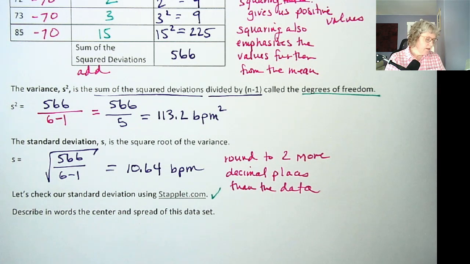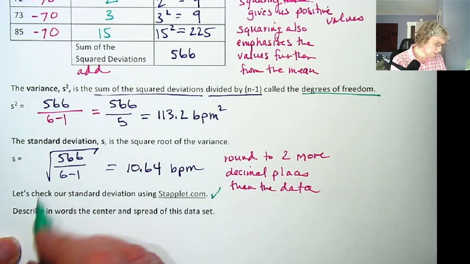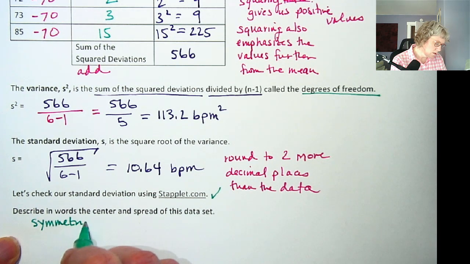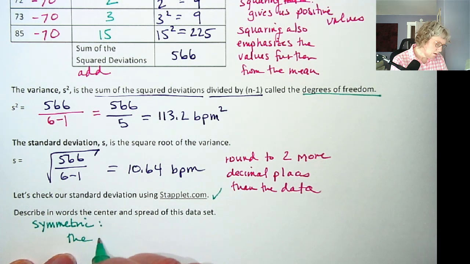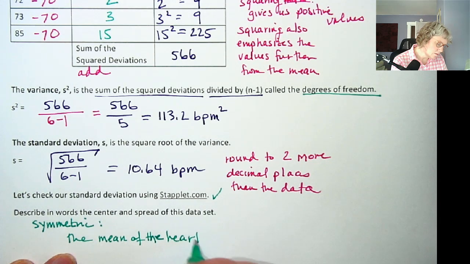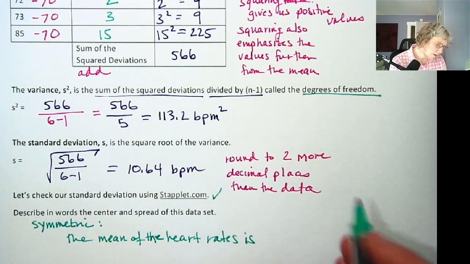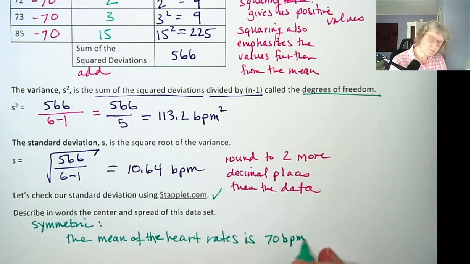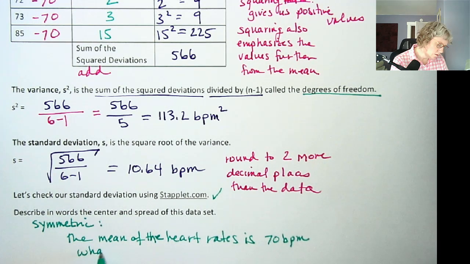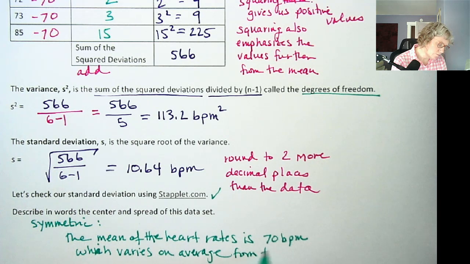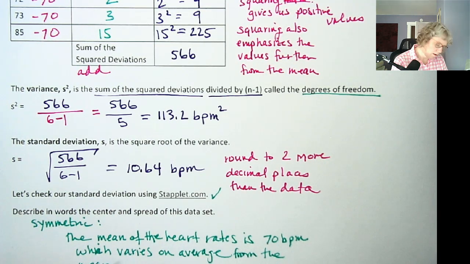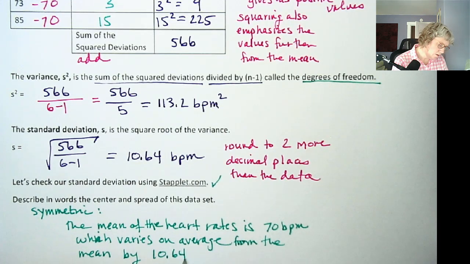So if we had a symmetric data set, and this is fairly symmetric, then we could write something like: the mean of the heart rates is, we had 70 beats per minute, which varies on average from the mean by 10.64 beats per minute.